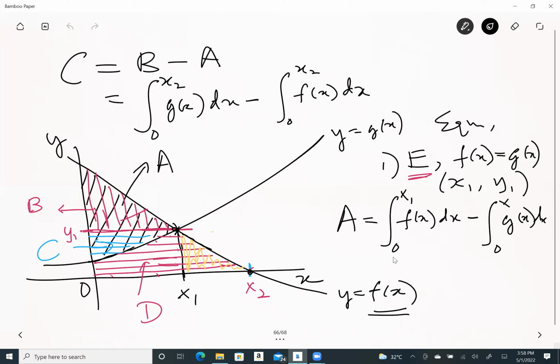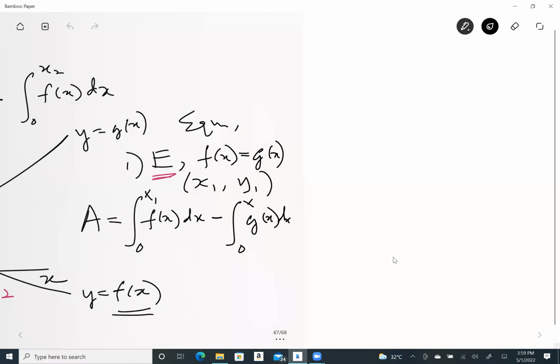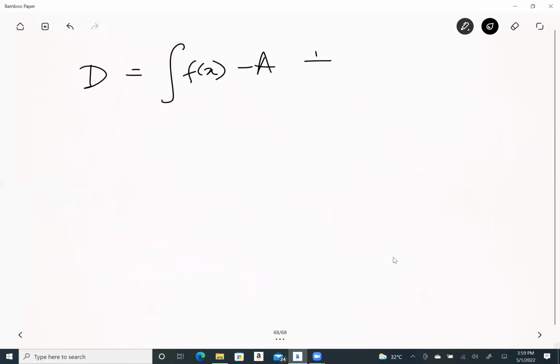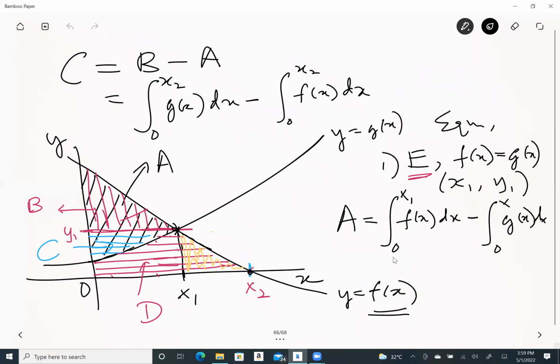That portion is the area A, and I have to subtract the area under G. So we put a plus sign here, and I put a bracket there. You have to put area A minus area under G.